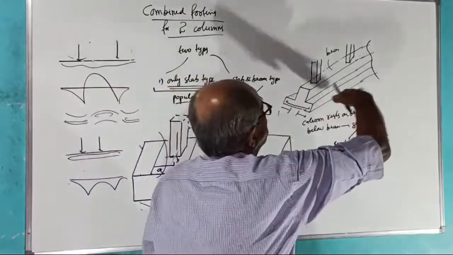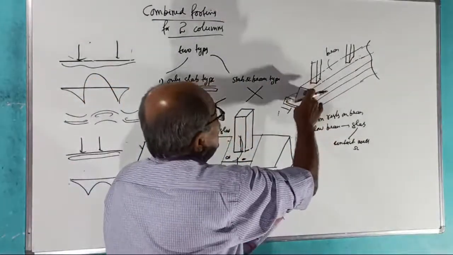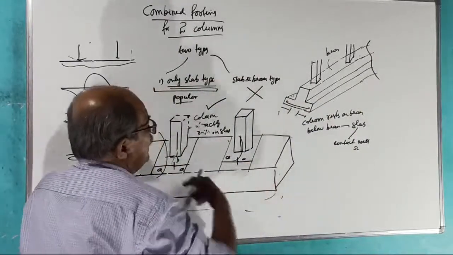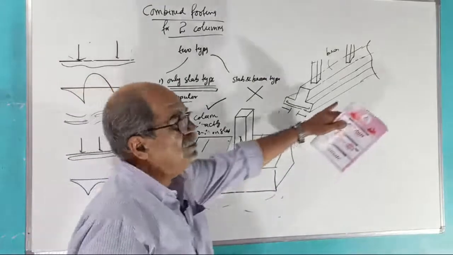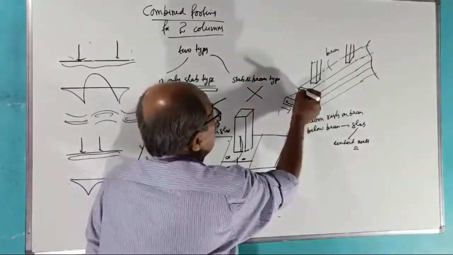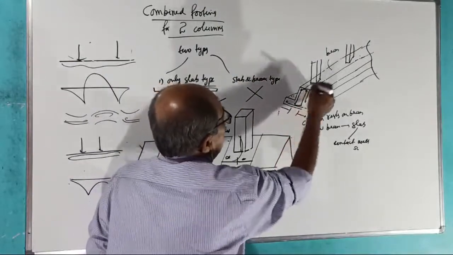The slab cannot bend this way. But how about the beam? The beam will undergo lengthwise bending. Here lengthwise bending for the beam. There will be top and bottom reinforcement and stirrups, and this way it will continue.